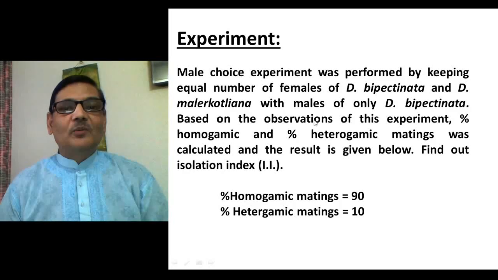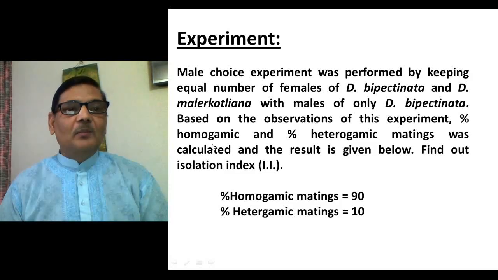Based on the observations of this experiment, percent homogamic and heterogamic matings was calculated, and the result is given below. Find out isolation index. So this is one parameter which we can calculate, that is isolation index, represented as II.